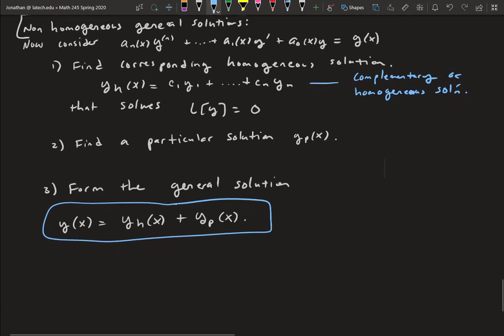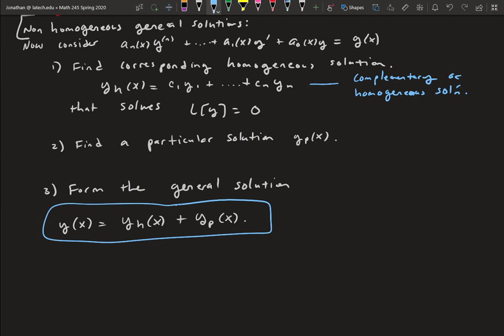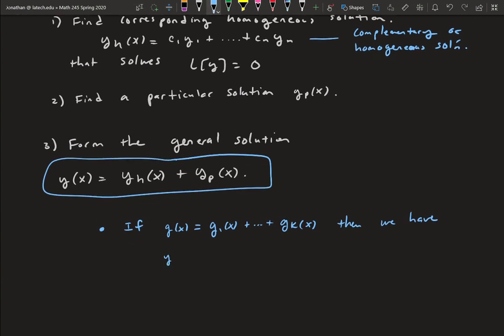And then the last thing for non-homogeneous would be a subpoint. If g(x) is equal to something like g1(x) plus ... gk(x), then we have yp equal to yp1 plus ... ypk(x).